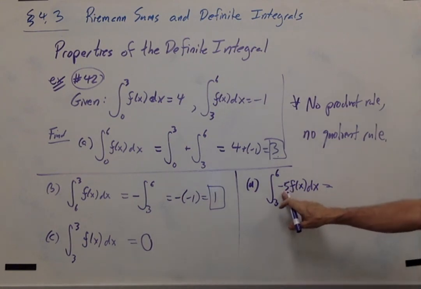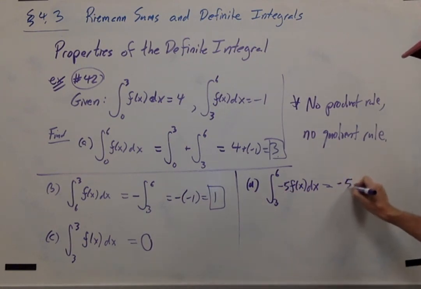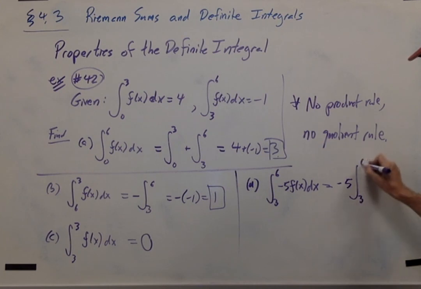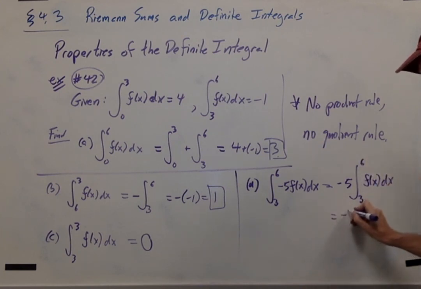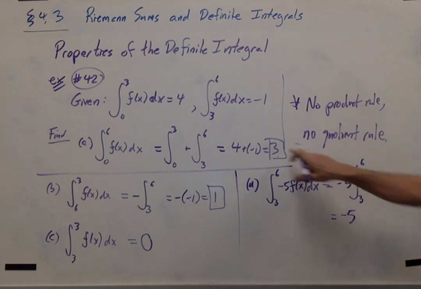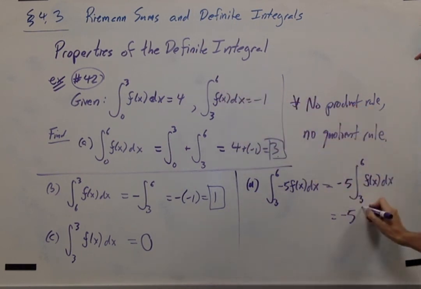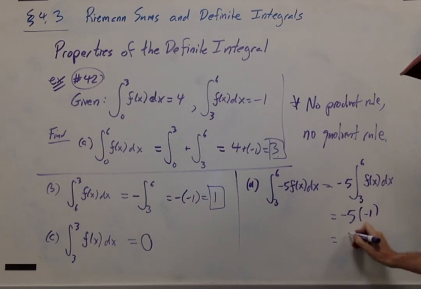Here I have a constant multiple of -5, which can be factored in front. And the value of the integral from 3 to 6 was given to be -1. And -5 times -1 is +5.